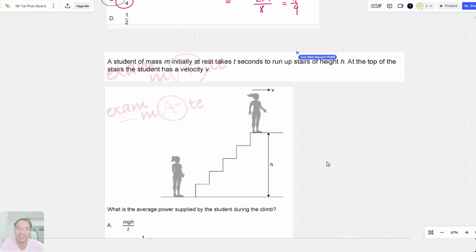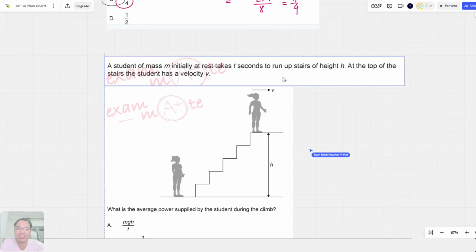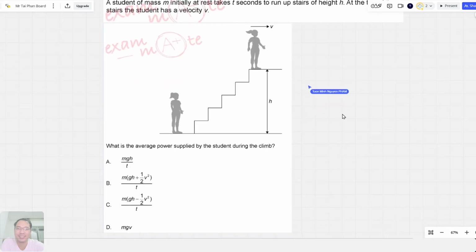She was initially at rest on the floor, and then after running up the stair, at the top of the stair she has a velocity v, which means that she has a kinetic energy at the top of the stair.